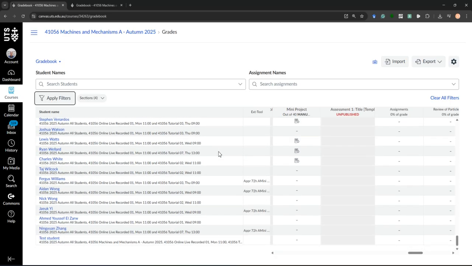You can see that most of them have applied for the extension. When Taj doesn't have an extension and doesn't have a submission so far, that means maybe he's not going to do the project. You need to expect that some of the students try to escape the project because they don't want to do it.